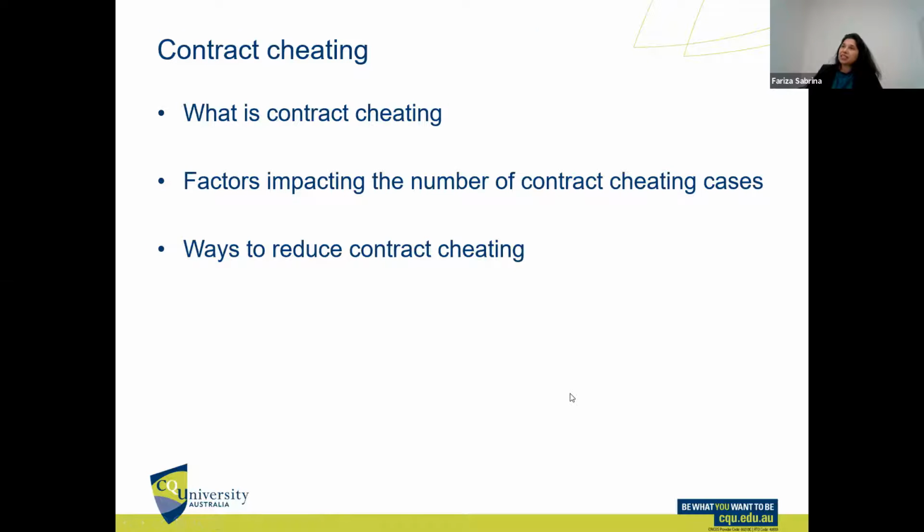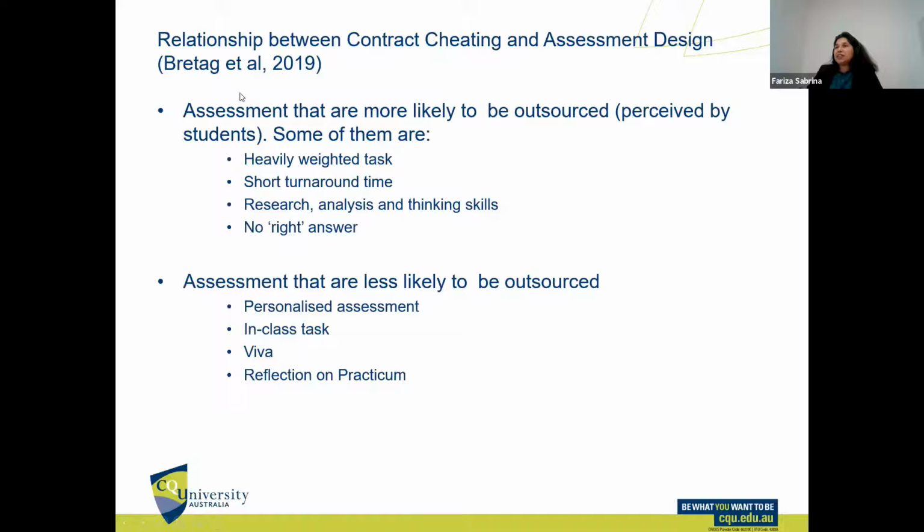Recently there was a study by Tracey and others. They ran a survey among 14,000 students and more than 1,100 educators, and considered 13 assessment tasks. Some of the tasks were perceived by students as more likely to be outsourced and some as less likely.